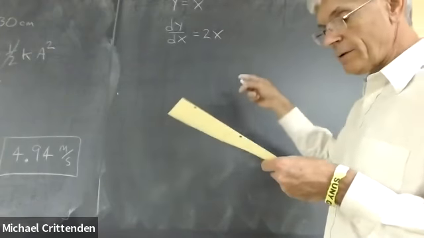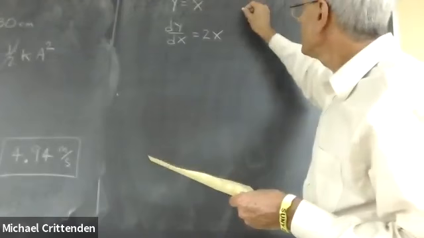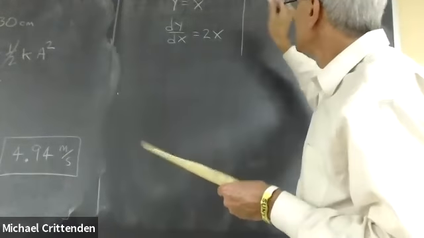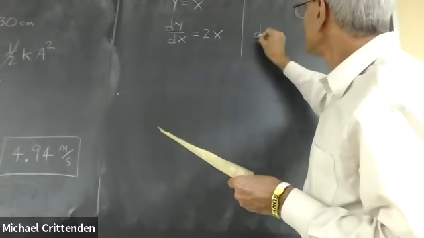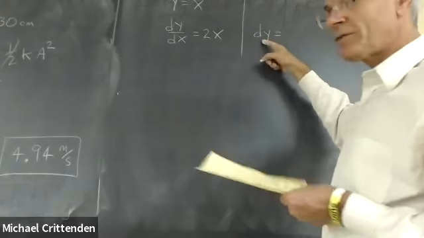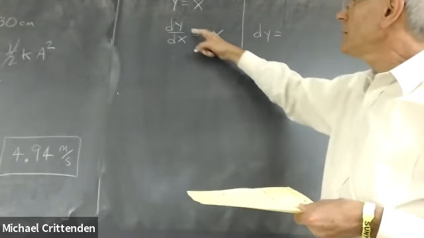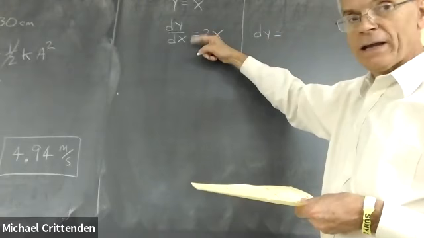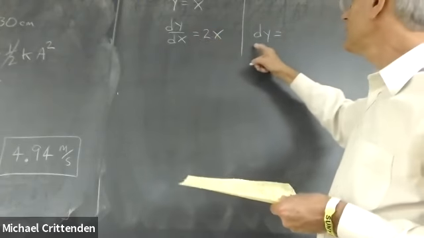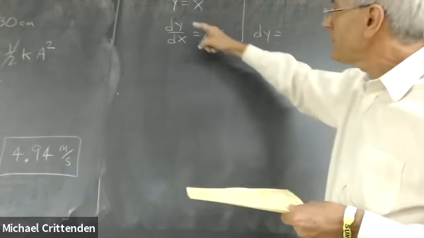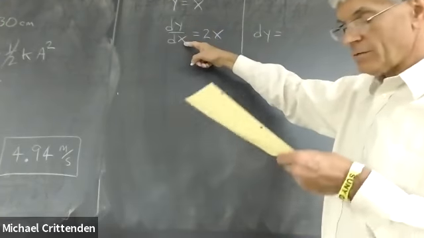Derivative of x squared is 2x. For comparison, the differential is just dy. You aren't differentiating with respect to anything, okay? It's just dy rather than dy over dx.